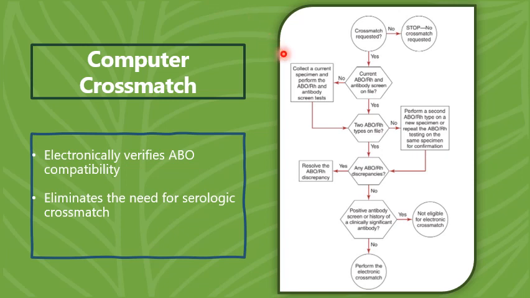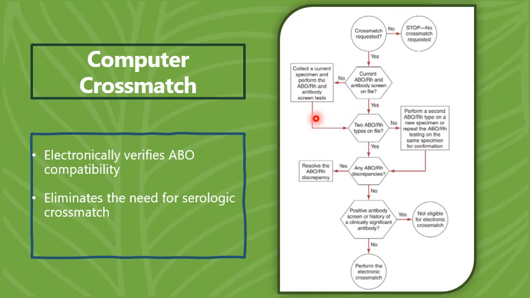This figure is the requirements for computer crossmatch. So first, is the crossmatch requested? If no, then no crossmatch should be done. If yes, is there a current ABO-Rh and antibody screen on file? So kung no, collect a current specimen and perform the ABO-Rh and antibody screen tests.